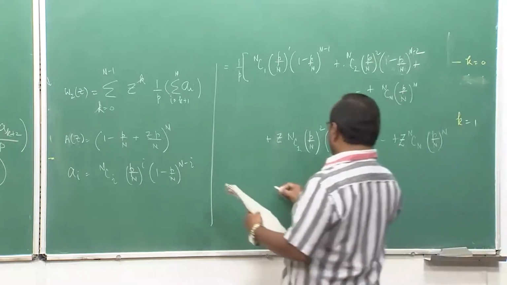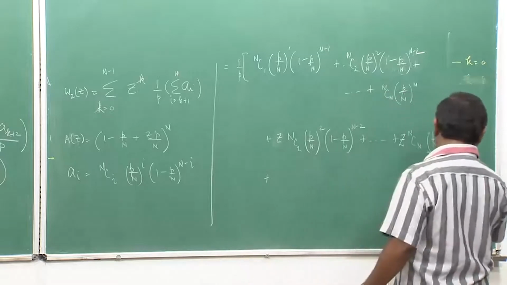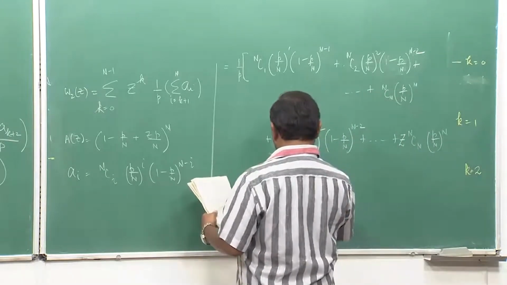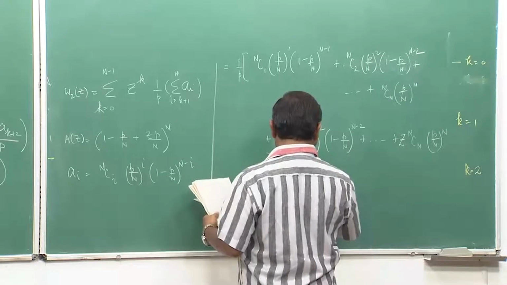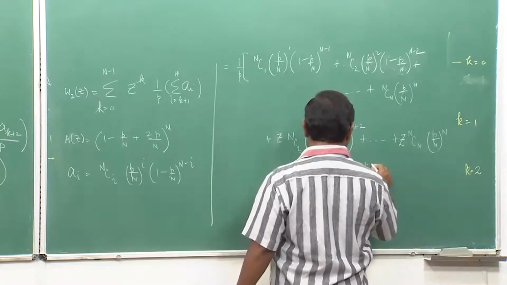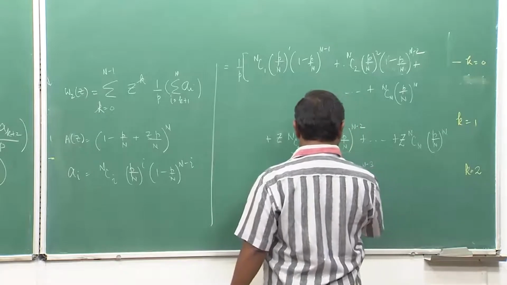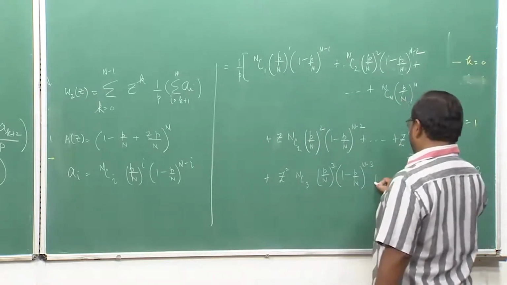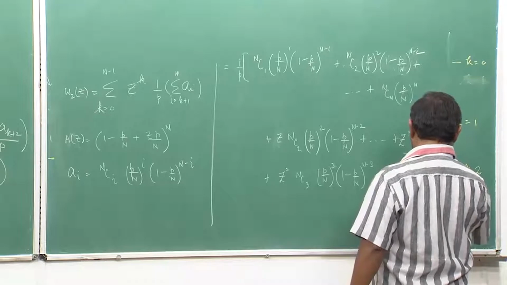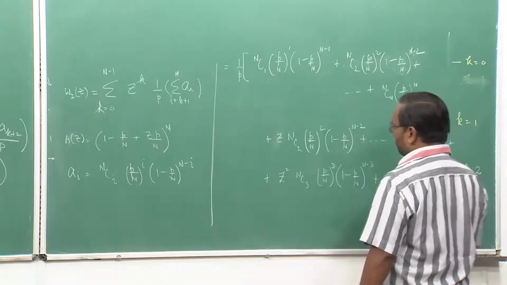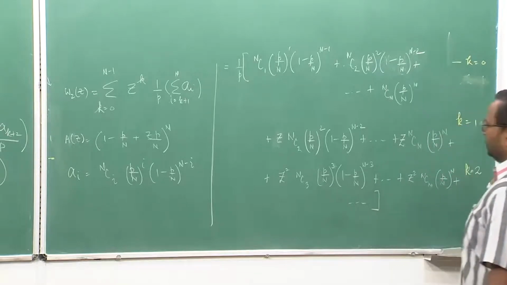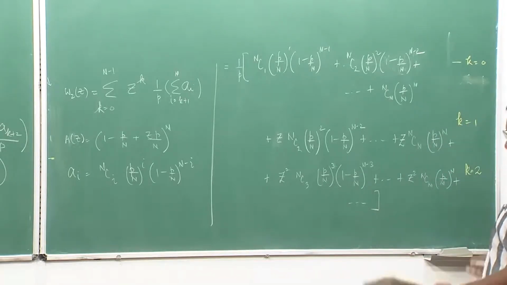The last, in fact, I can write down here what the terms will be for z square, and so on, for k till n minus 1. So, I have to just do the sum of this.